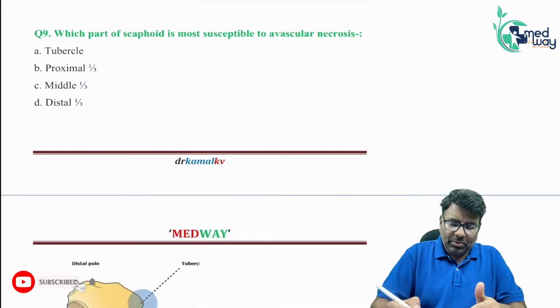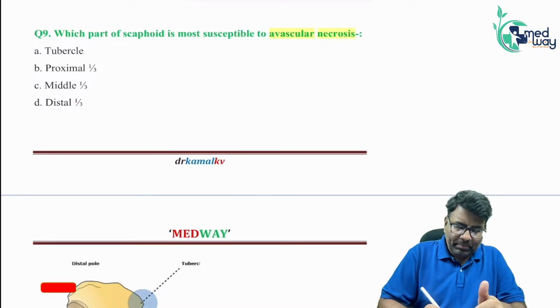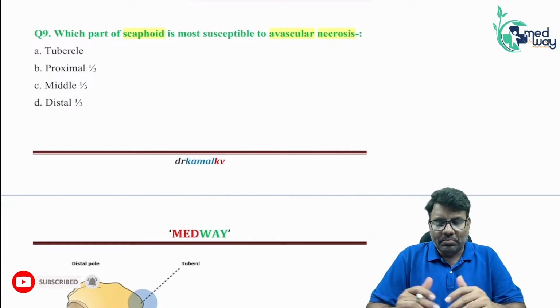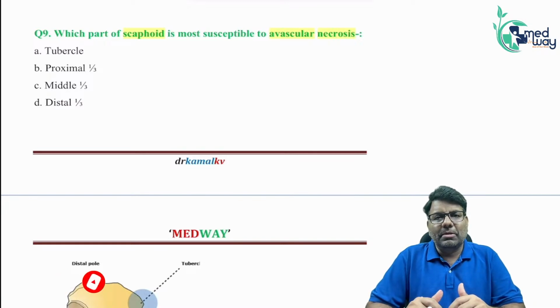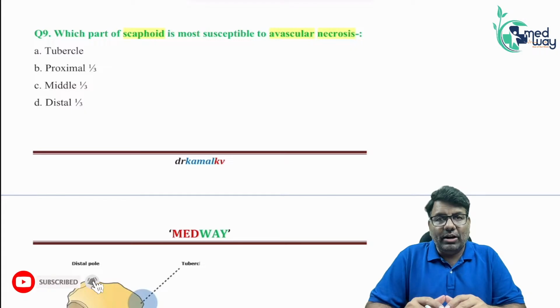Now, coming to AVN as a complication of fracture, the question is about which part of the scaphoid is most susceptible to develop AVN. To answer this, we should know the pattern of blood supply of the scaphoid, then only we can answer it very nicely.